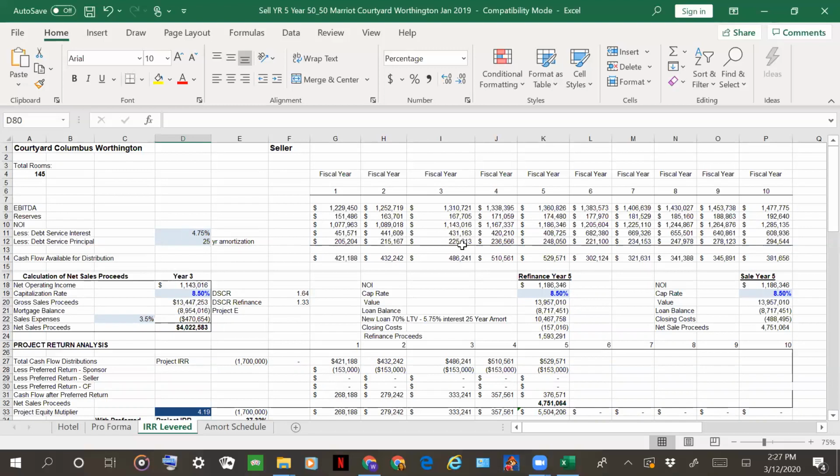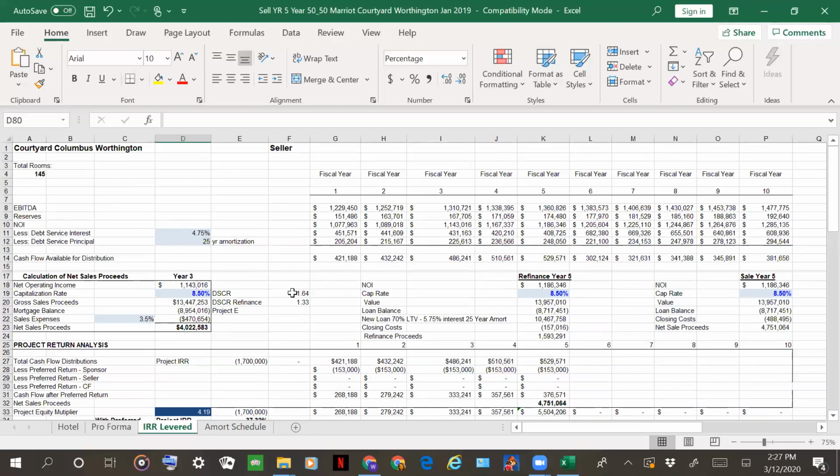Here in year 3 you'll see 1.14 for the NOI. But remember, this is NOI after debt. Everything's based off the actual NOI, the EBITDA before your amortization or your debt service.